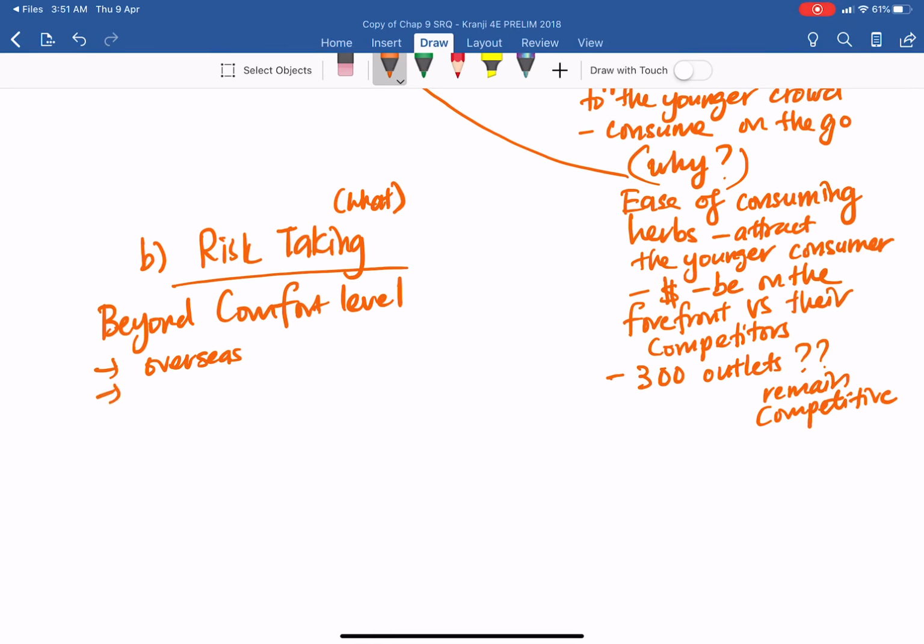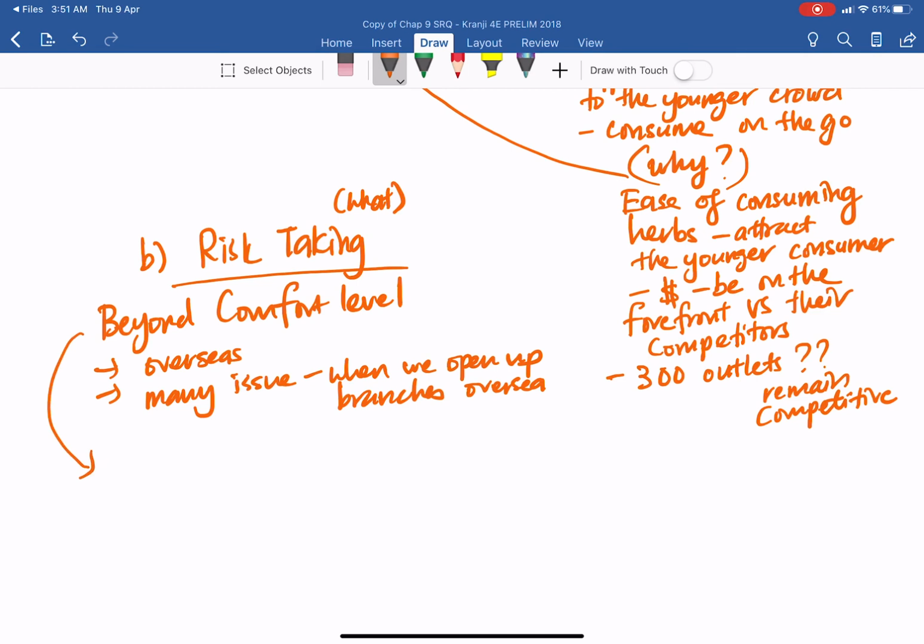They went overseas, and we all know that sometimes when we go overseas, there is a problem. There are many problems. Okay, there are many issues when we open up branches overseas. I mean, you must be very successful first to even consider that. And hence, the very fact that the company was so successful and they have opened up 300 branches at least, I think they could have opened up more, in fact, it shows that they are actually risky.